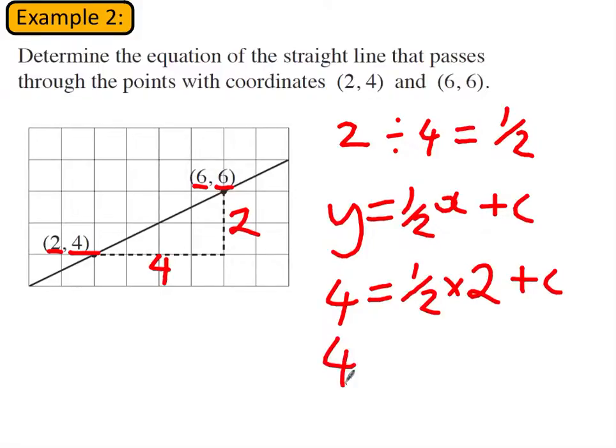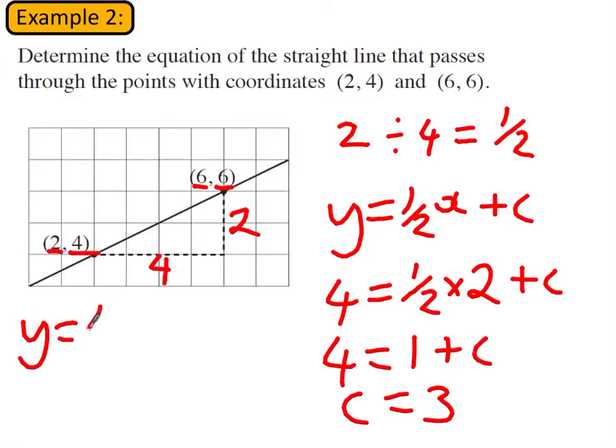So 4 is equal to a half times 2, which is 1, plus c. So we can see from here that c must be 3 for this to be true. So putting that back into the equation, our final answer is y equals a half x plus 3. That's how we do this exercise. Good luck. Off you go.